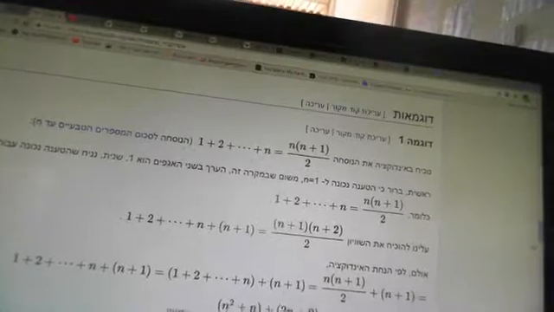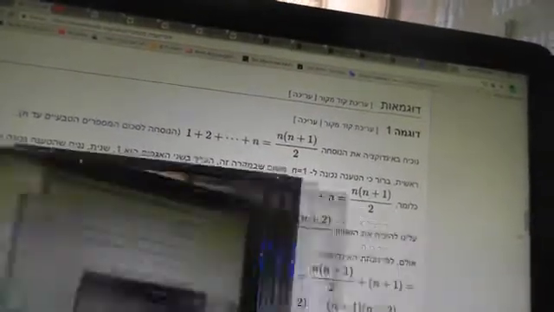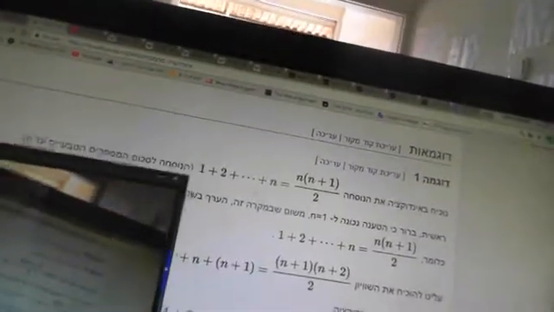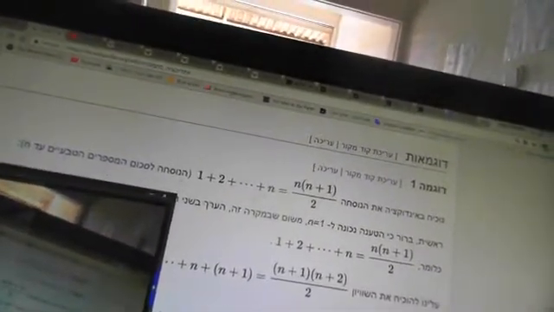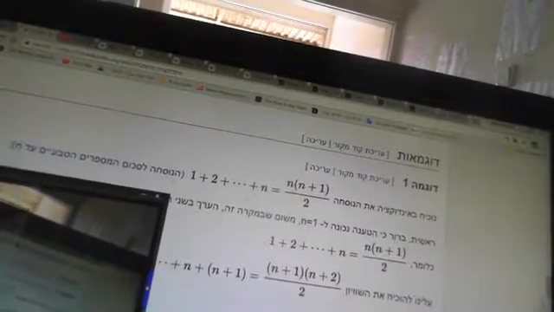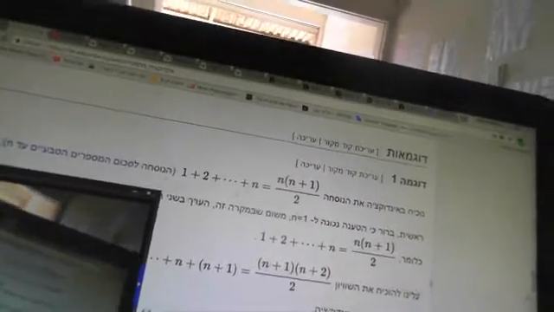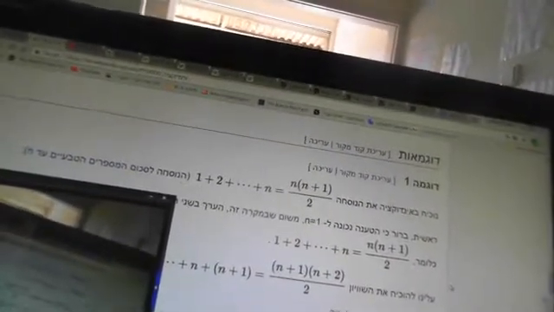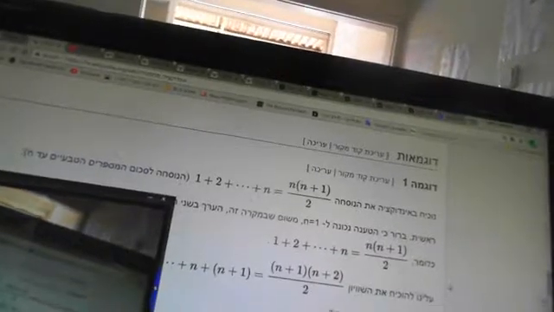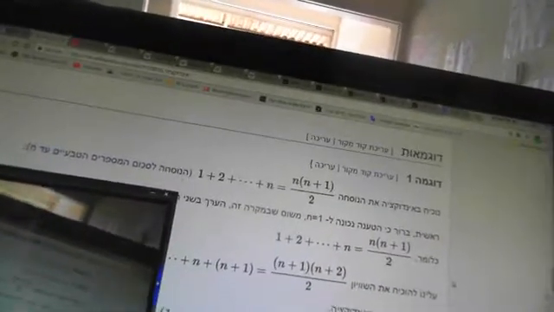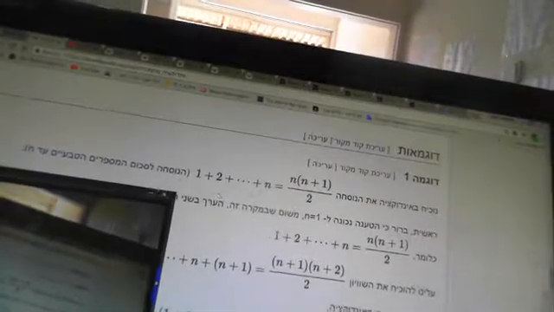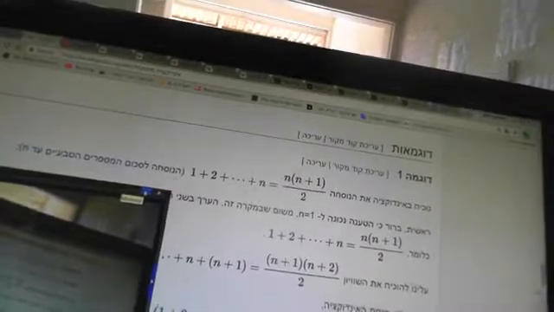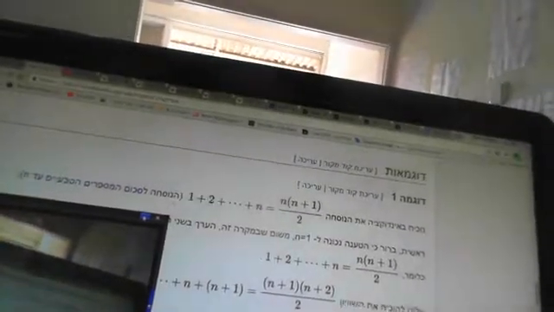Suppose that you see the equation. Okay, 1 plus 2 plus 3 plus 4 plus 5 plus ... plus n equals n multiplied by n plus 1, all divided by 2.